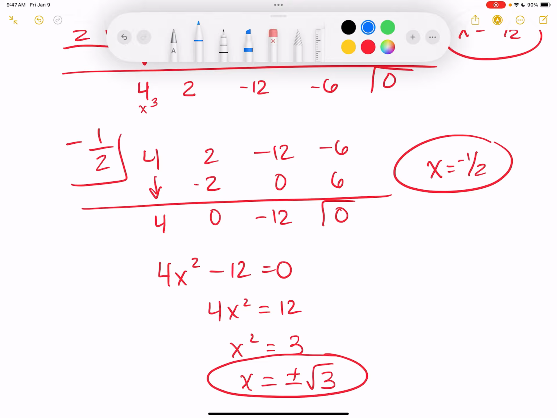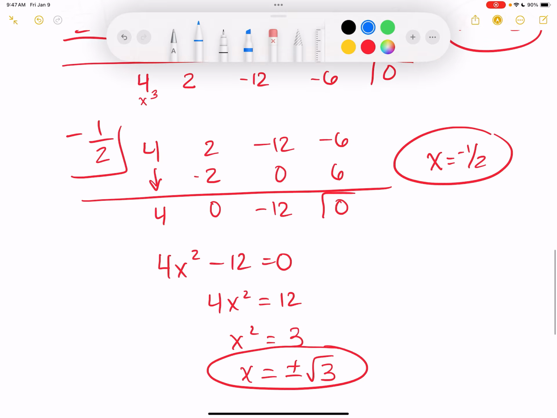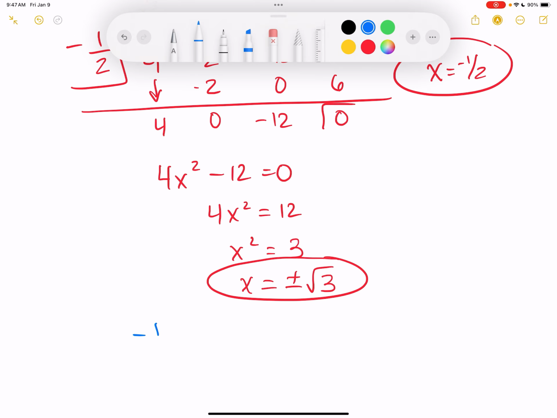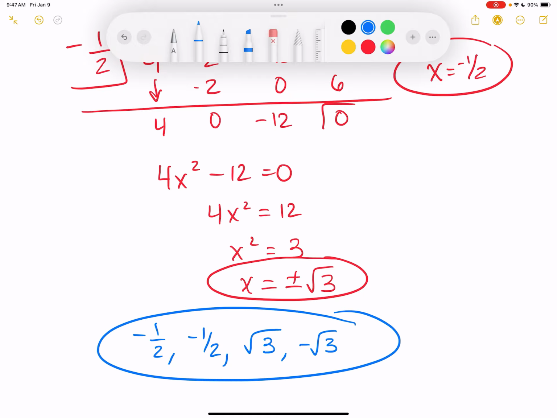So notice the comment that I made earlier. If I have the positive one, I also have the negative one. So my zeros are negative 1/2, negative 1/2, and we do write it twice because they are both zeros. And then positive root 3 and negative root 3. So those are all my zeros there.